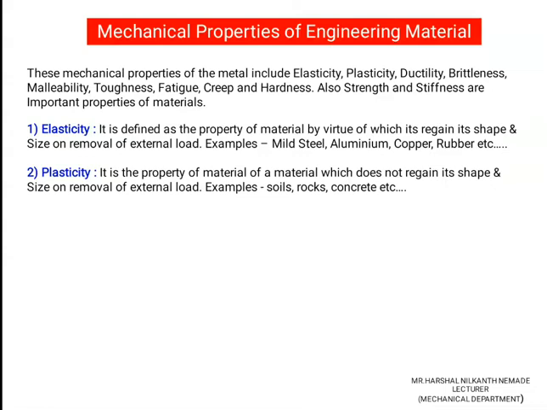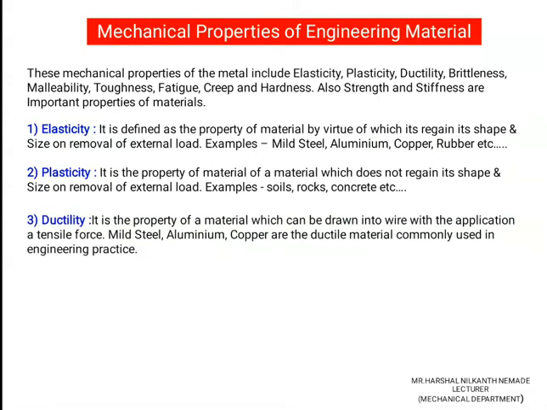Example, soil, rock, concrete, etc. Ductility. It is a property of material which can be drawn into the wire with the application of tangential force. Mild steel, aluminium, copper are the ductile material commonly used in engineering practice.